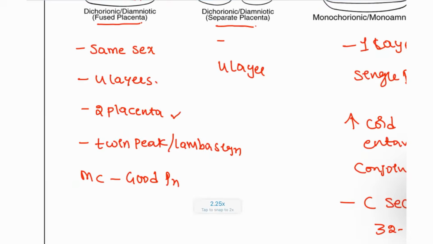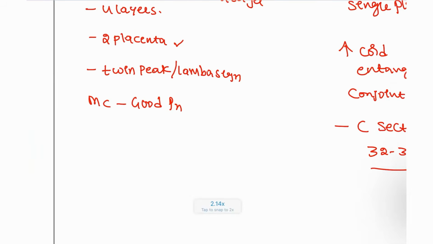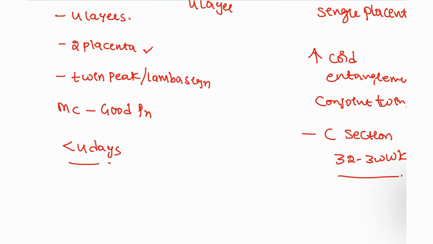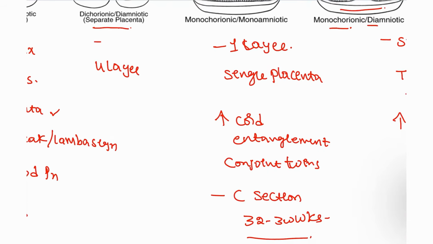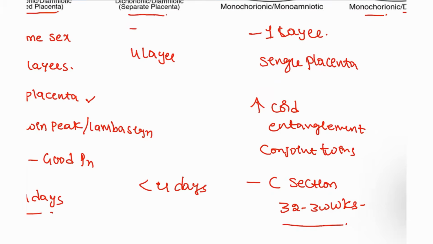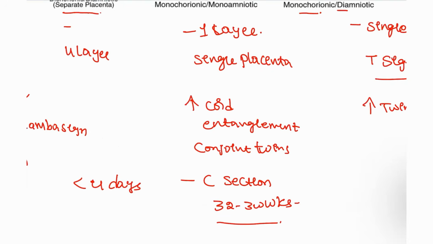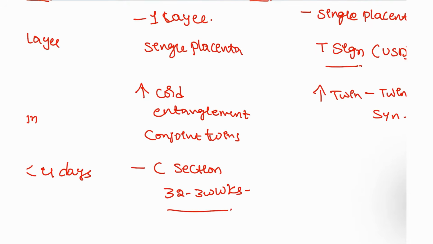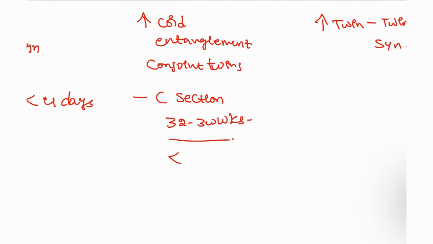For the dichorionic and diamniotic, if the division is less than 4 days, they are going to develop as dichorionic diamniotic. Same here, if it is less than 4 days, then it is likely associated with dichorionic and diamniotic. When it comes to monochorionic monoamniotic, the fertilization and every process is done at less than 9 to 12 days.